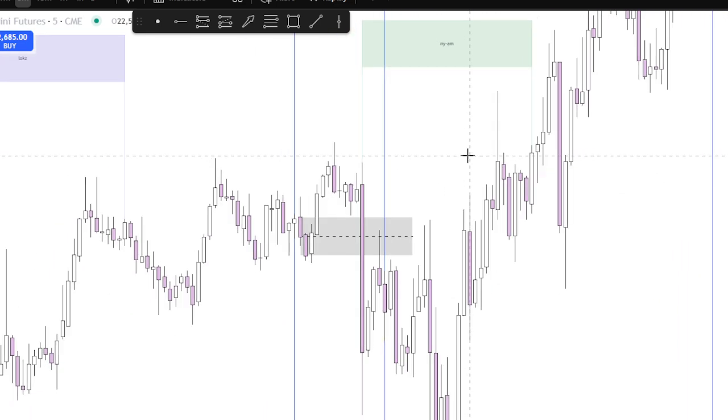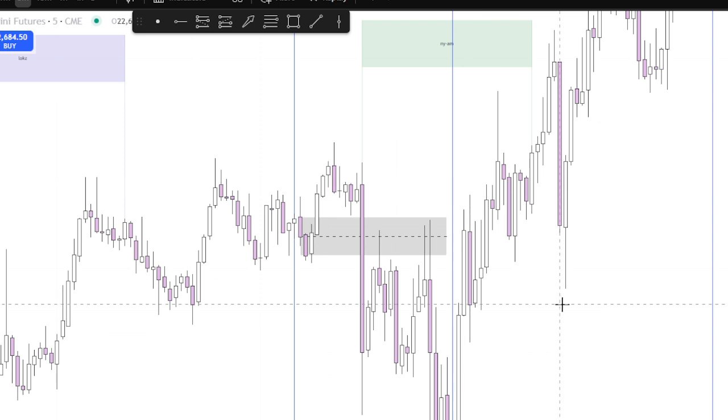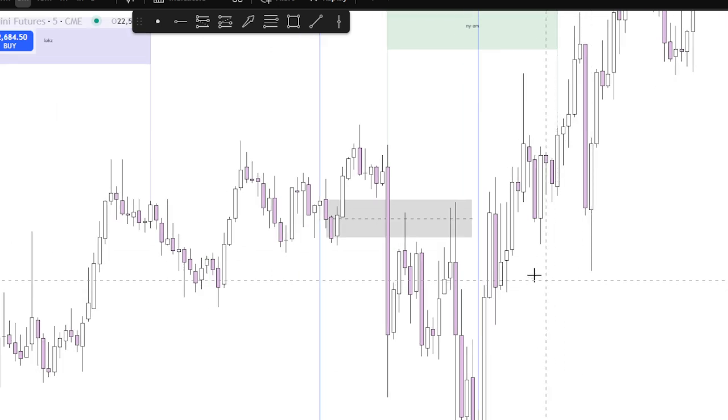Now, what is a breaker block? A breaker block is an order block. Well, I'll tell you the easiest way that you can find one. You can use this pattern that I'll tell you right here.